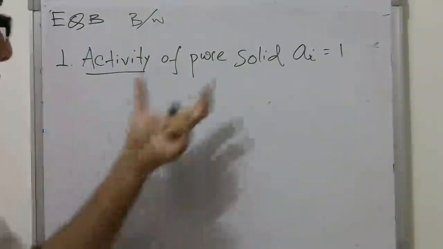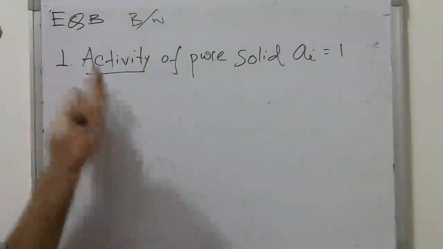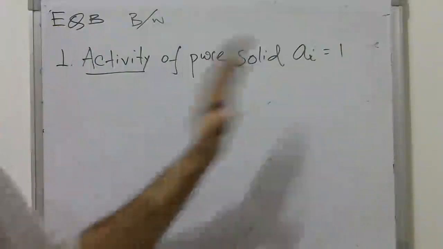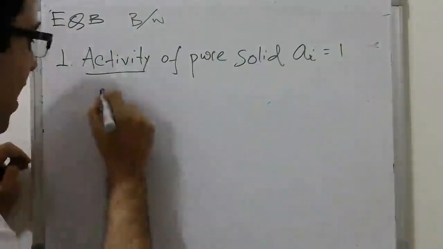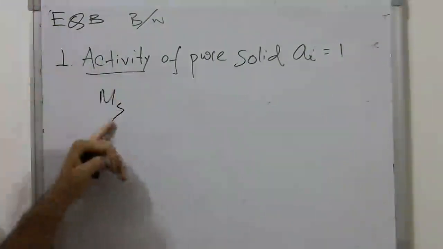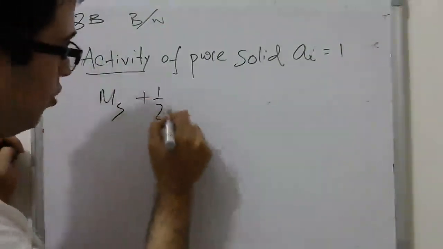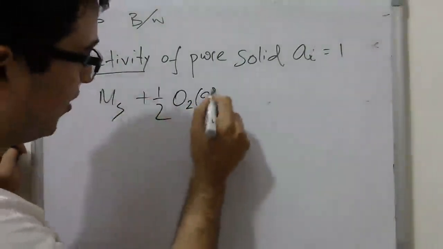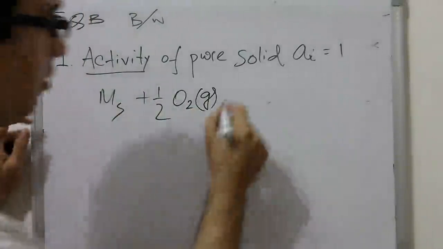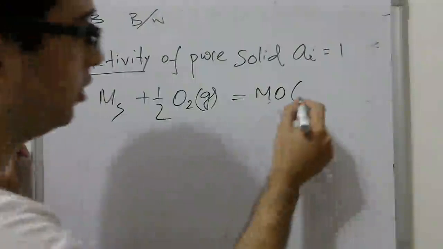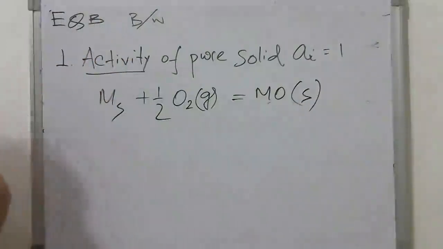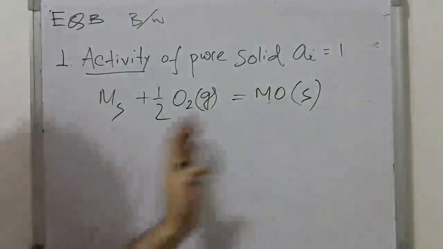There are derivations. You can just refer to any books for why the activity of a pure solid A_i is 1. So for example, M(s), which is the solid phase, plus half O2, is a standard reaction in a lot of the thermodynamic reactions. In blast furnaces, for example, we have these oxidizing reactions.